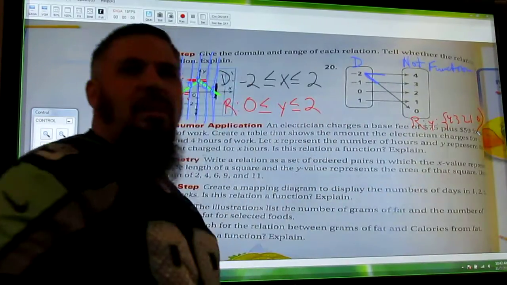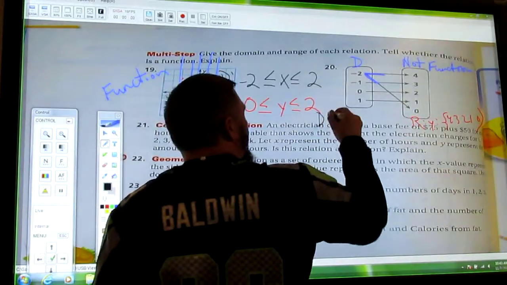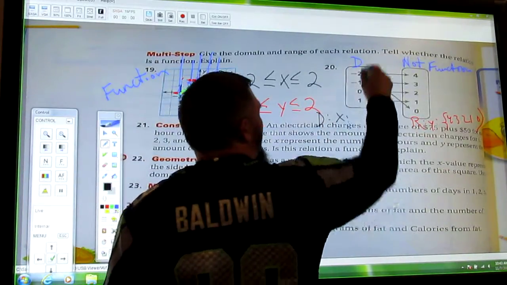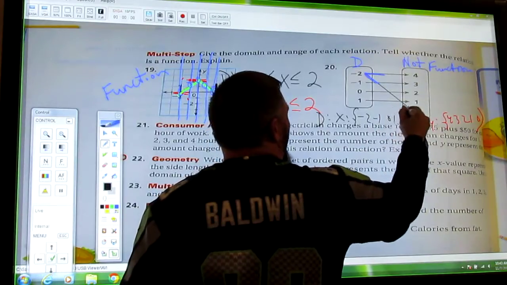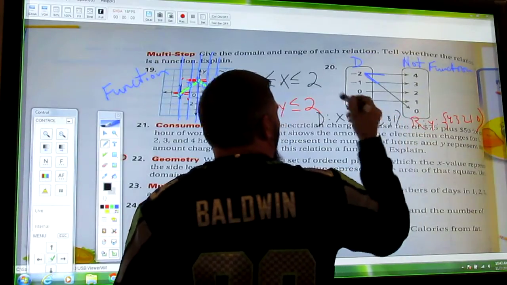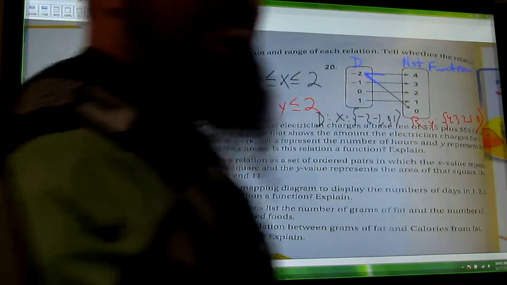The domain: x such that -2, -1, 0, and 1. Done. Bam. That's it. All right.